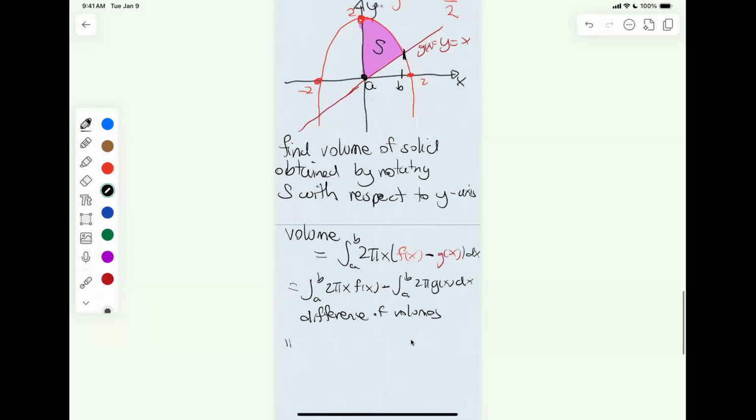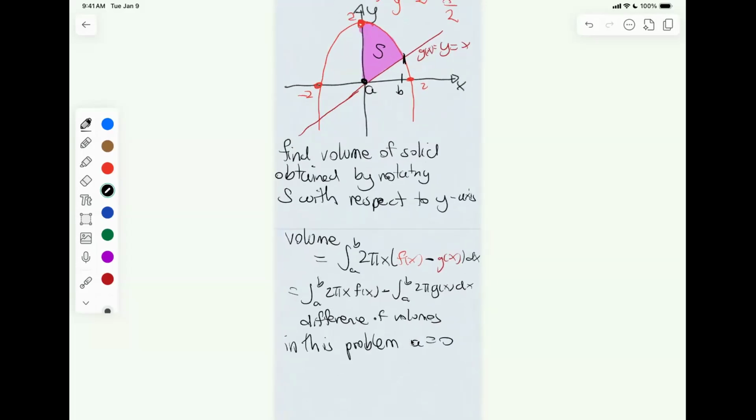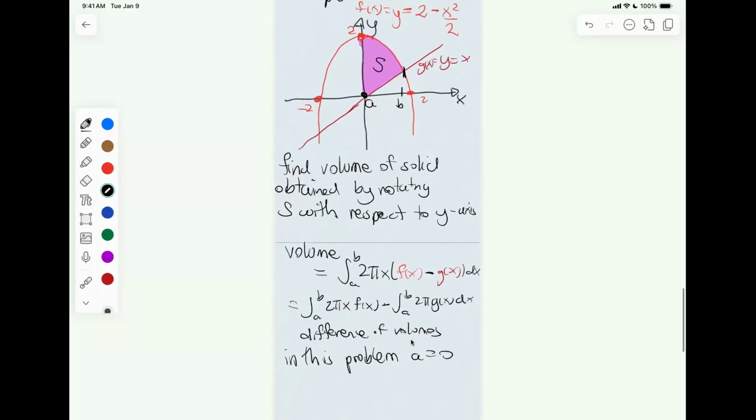So in this problem A equals 0. And then, how do you find B? It's in the same way in which you would find B when you were doing an area between curves problem. You just set up, where does this value occur? It occurs where the two curves meet. So it occurs at the intersection, when both formulas give you the same value for y.